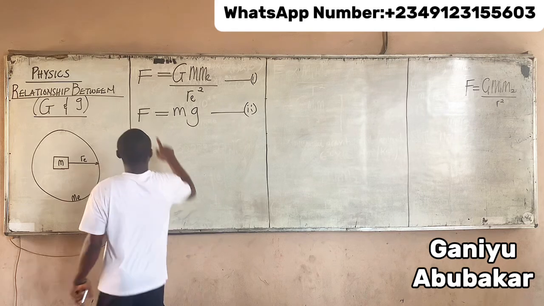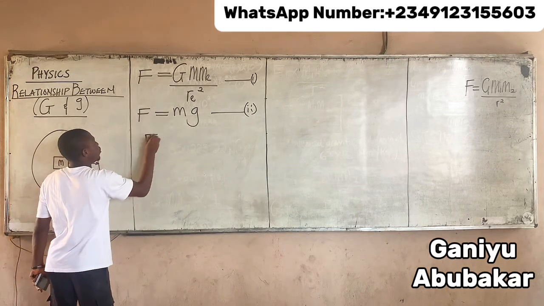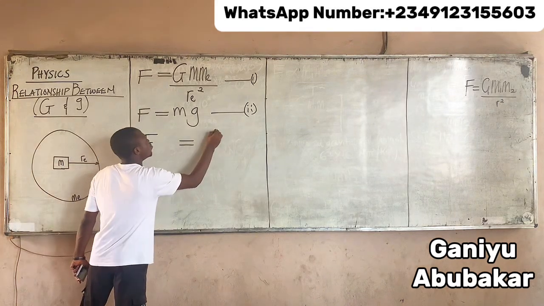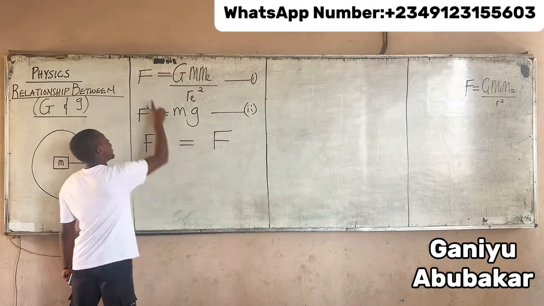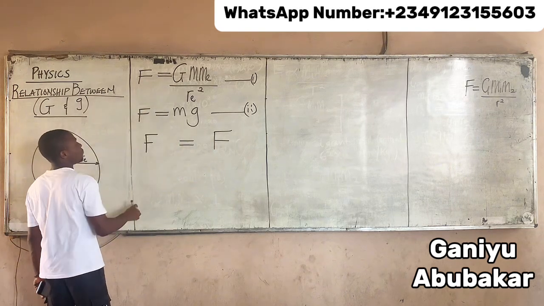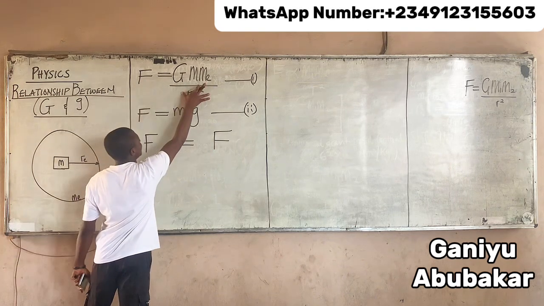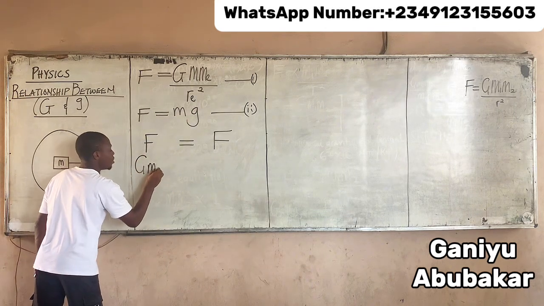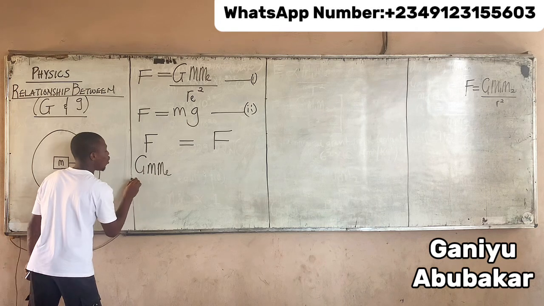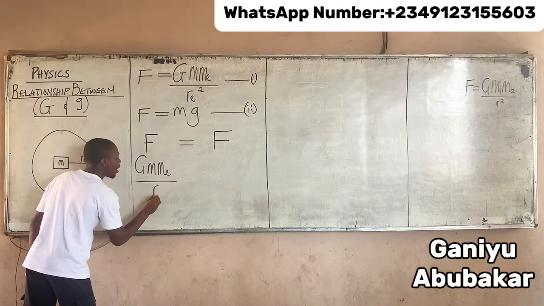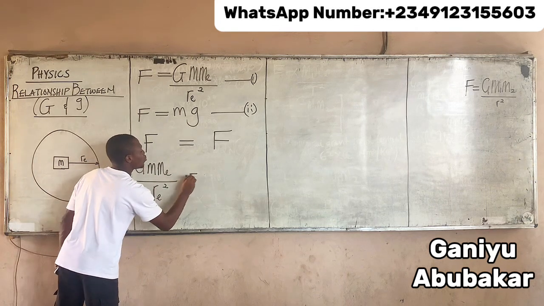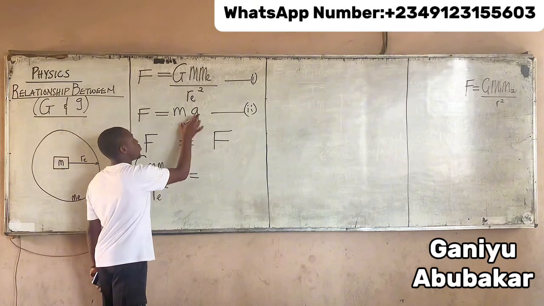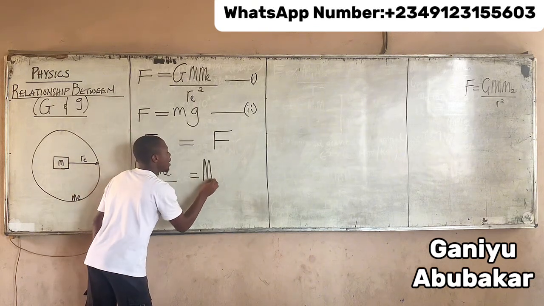At this junction, I'll try to equate equations 1 and 2 together. That is, equate F to F. The first F has the value capital G M ME over RE squared, which is equal to this F, which is mg.